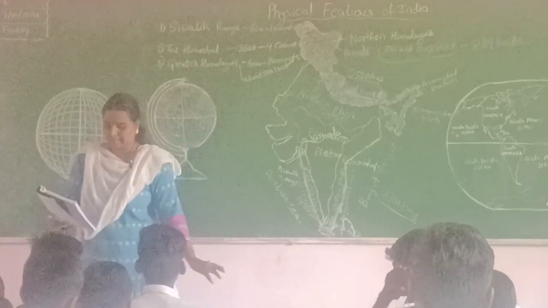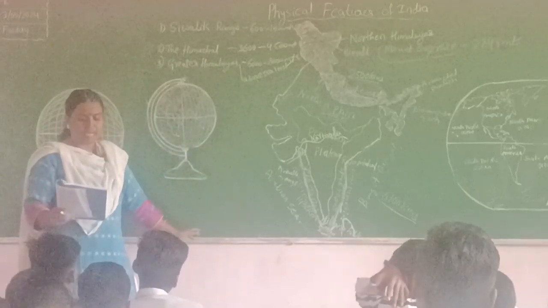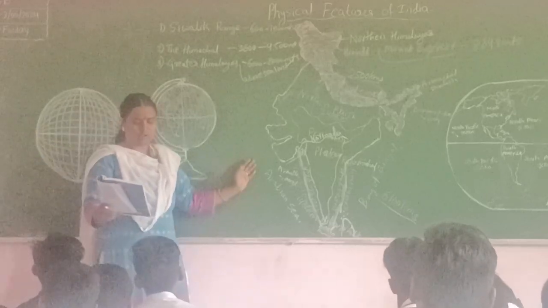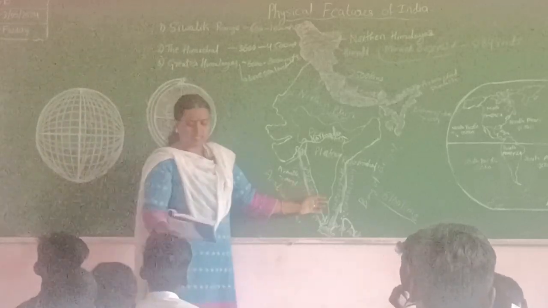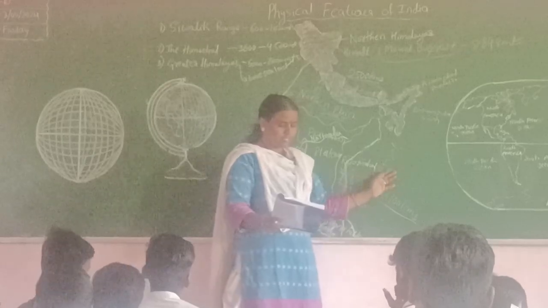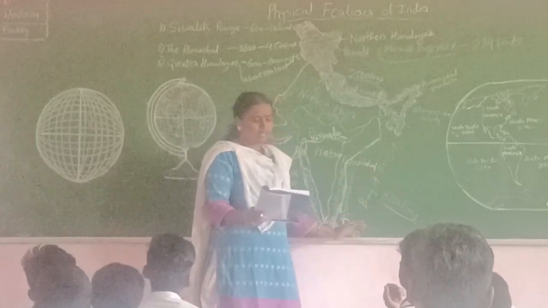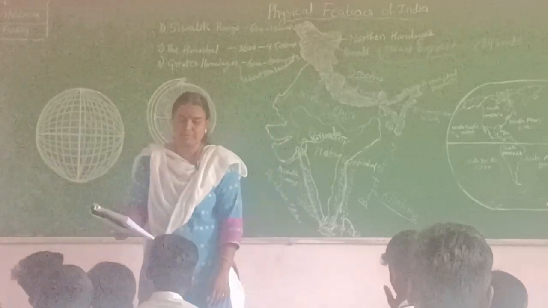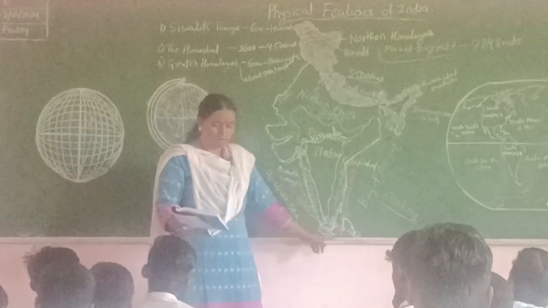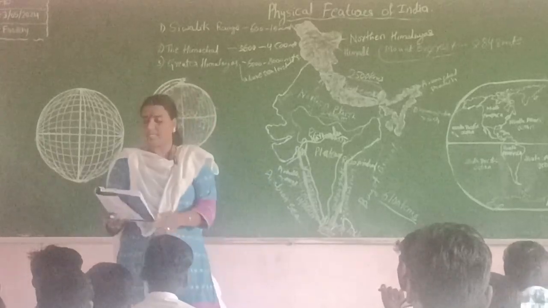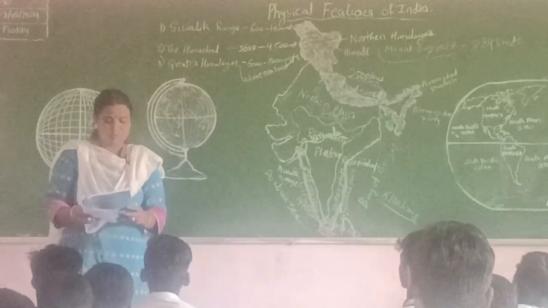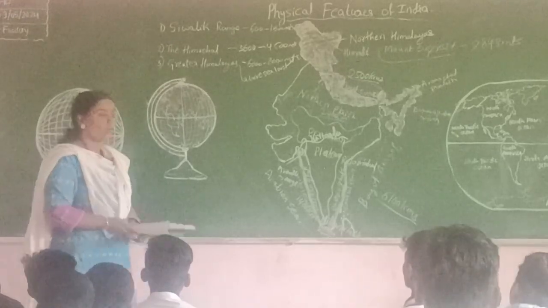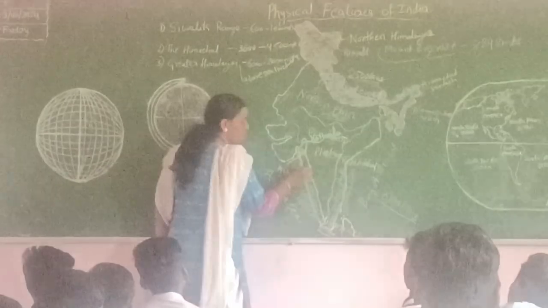The coastal plain spreads from Kutch of Gujarat in the north, between the Arabian Sea and the Western Ghats, up to Kanyakumari, and it is 1500 kilometers long. This is further divided into the Malabar coast, Kerala; Canara coast, Karnataka; and Konkan coast in Goa and Maharashtra.